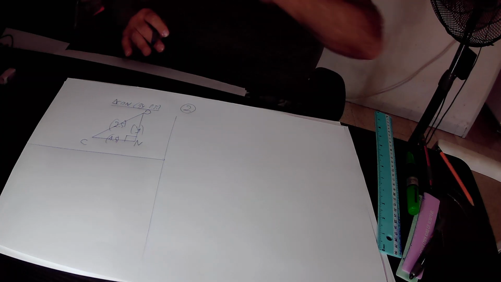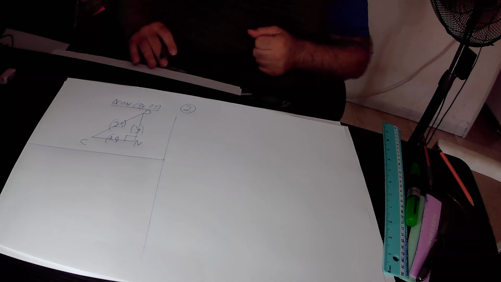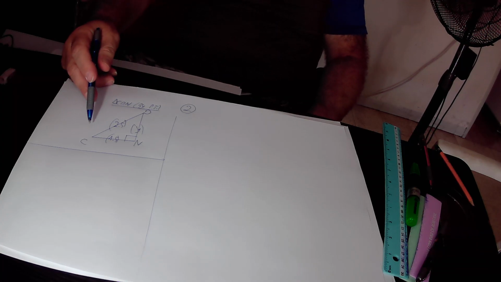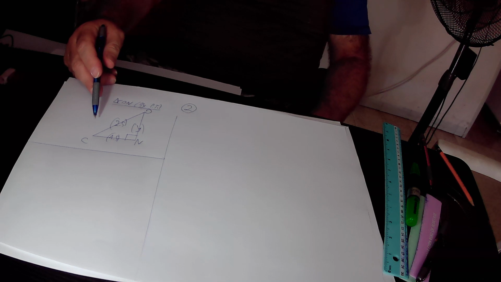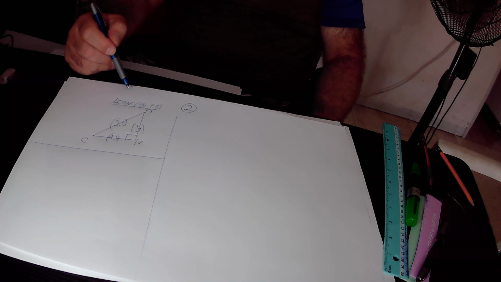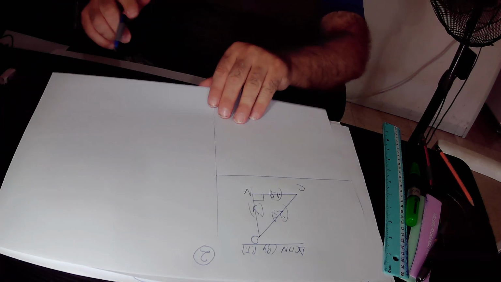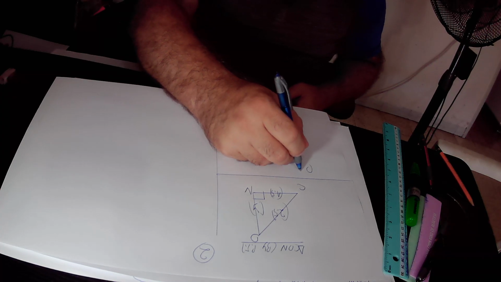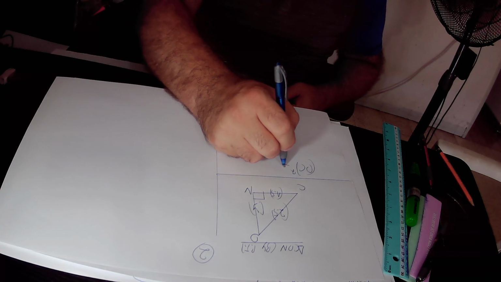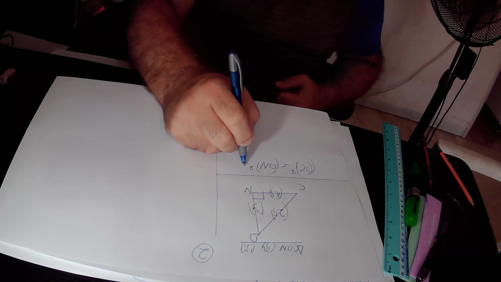According to the Pythagoras theorem, in this right triangle CON, OC squared, that is the square of the hypotenuse, equals ON squared plus NC squared. So I write it down: OC squared, that is the square of the hypotenuse, equals ON squared plus CN squared.